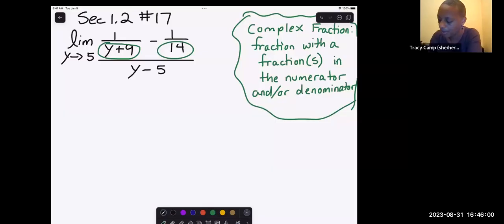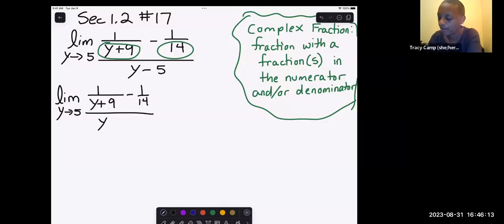So I'll rewrite what we have. So we have limit as y approaches 5 of 1 over y plus 9 minus 1 over 14, all over y minus 5. And I'm giving myself some room now to the right because I know I'm going to be multiplying by those denominators, y plus 9 times 14.